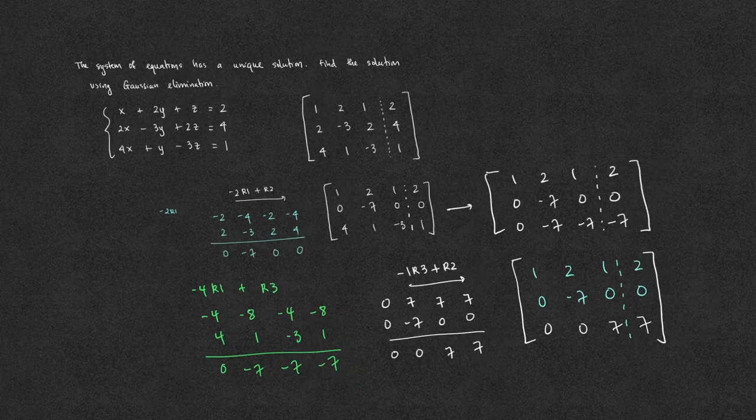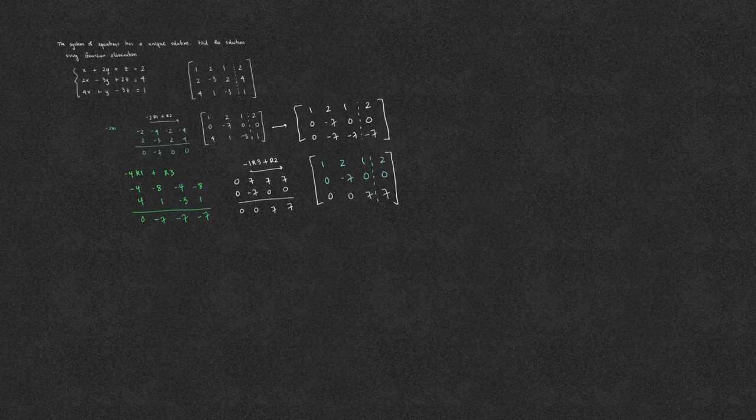This is not a row echelon form, not yet. To turn the entries in the diagonal into 1, we will take the second row and divide it by negative 7, and we can also take the third row divided by 7.